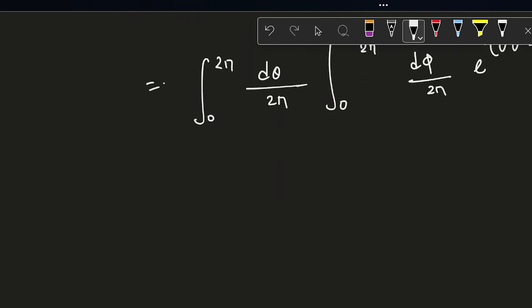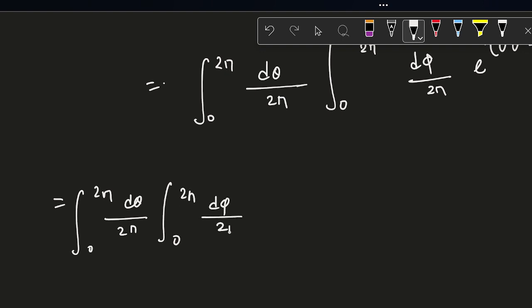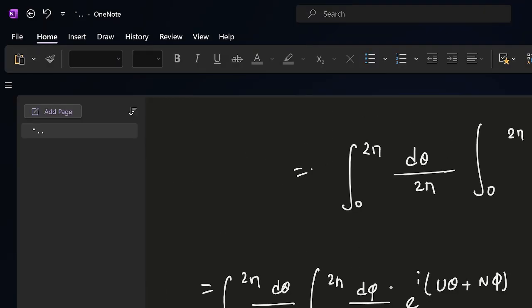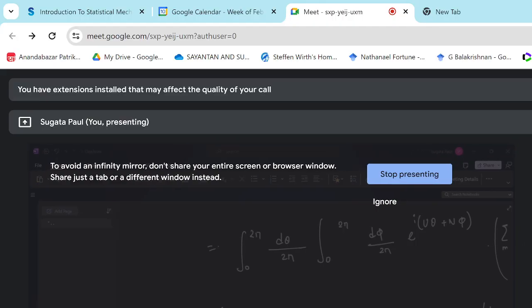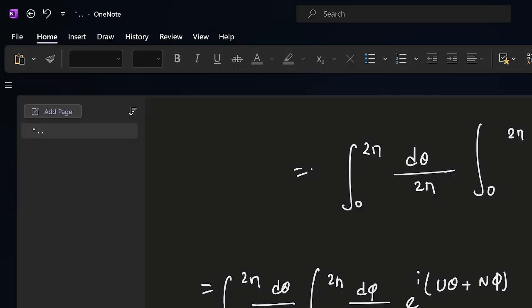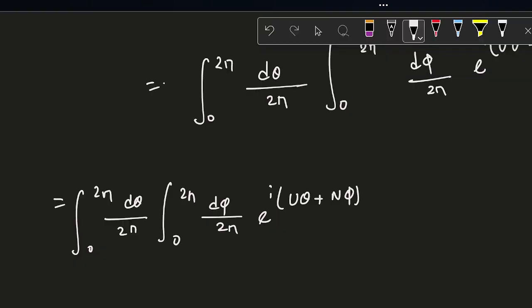Now we have to return back to the exponential so that we can have this whole Kronecker delta expression to simplify our solution. So write it like i (U theta plus N phi), and then, yeah, let us just now put the values of b and a.